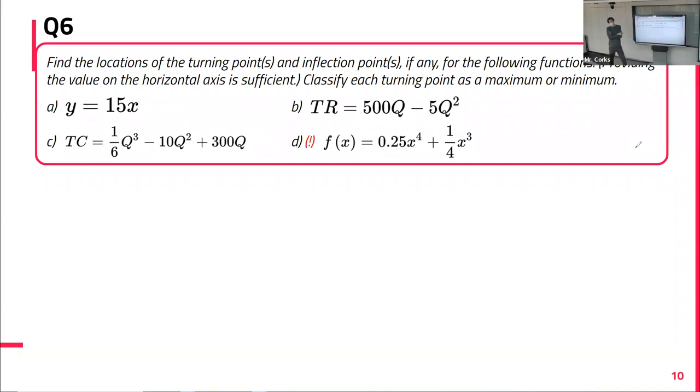Okay, that should be enough time to solve A and B. We'll look at those answers, and then we'll come back and look at C and D. I'll give you some more time to work on those.